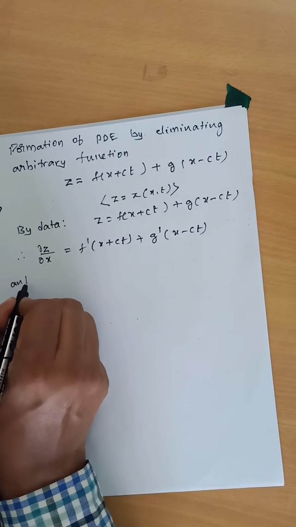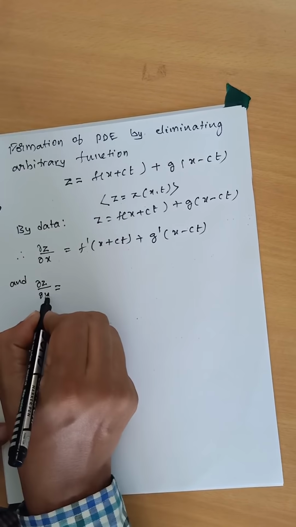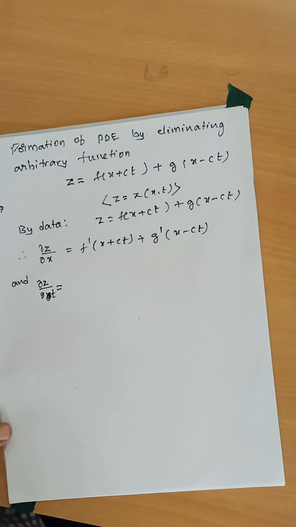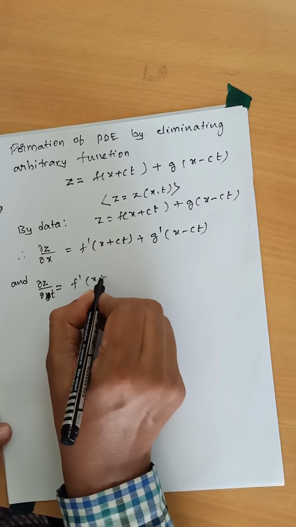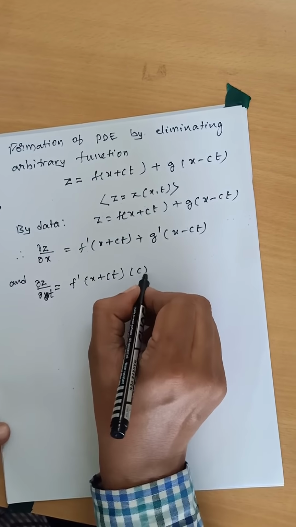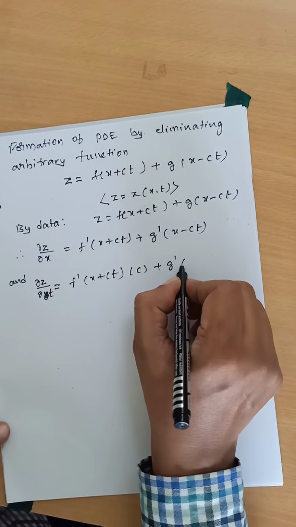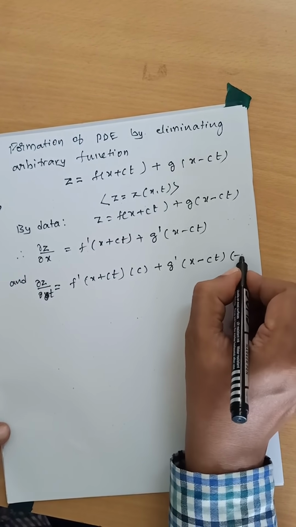And dou z by dou t, instead of y, t: f dash of x plus ct with respect to t into c, plus g dash of x minus ct into minus c.